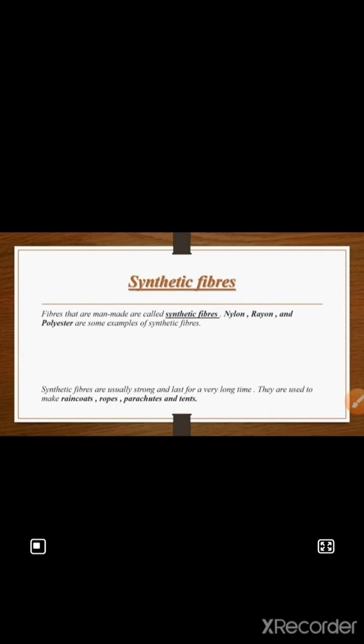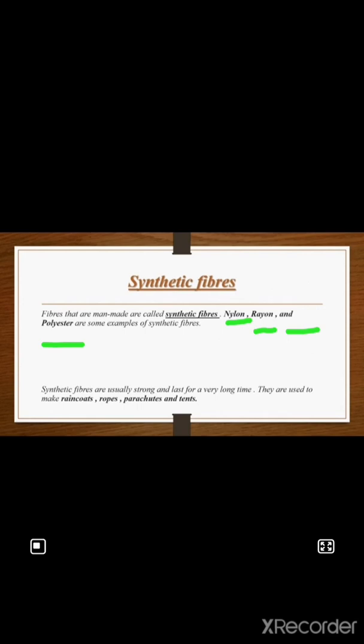And fibers which are made by men, right, made by men, are called man-made fibers or synthetic fibers. As we have examples here of synthetic fibers: nylon, rayon and polyester. So these are the examples of synthetic fibers.